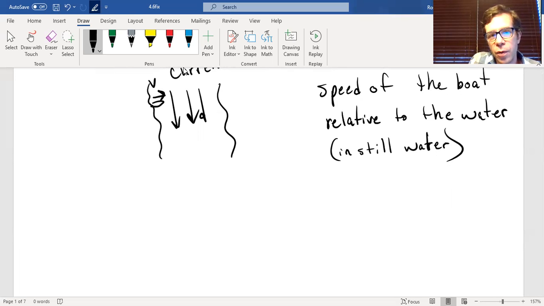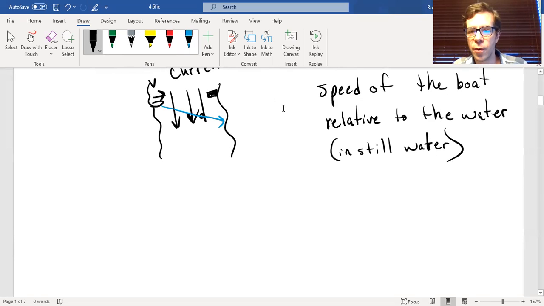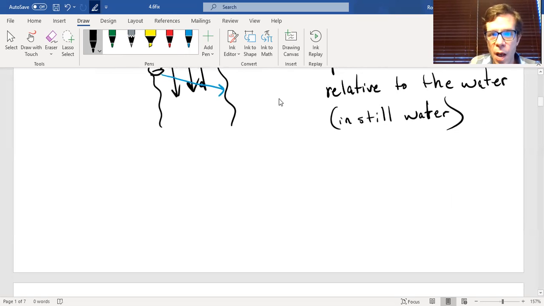If I paddle my boat straight across, what I actually end up doing is drifting down because of the river current, right? So say I'm trying to get to this dock on the other side of the river. I have to account for the river current.